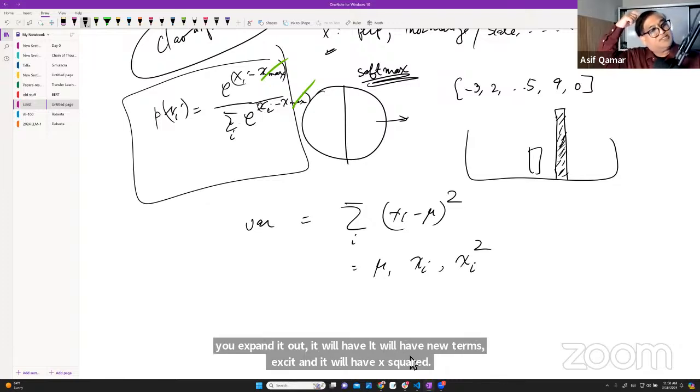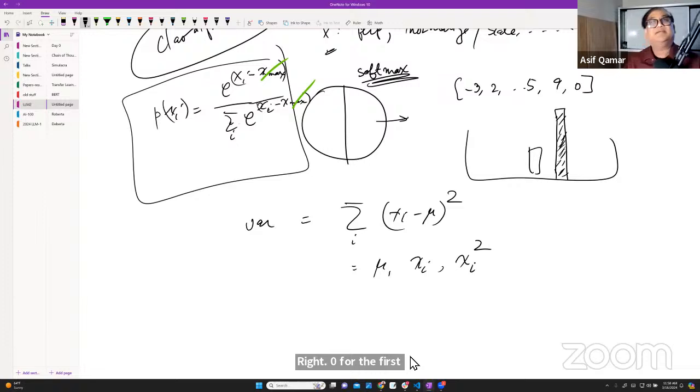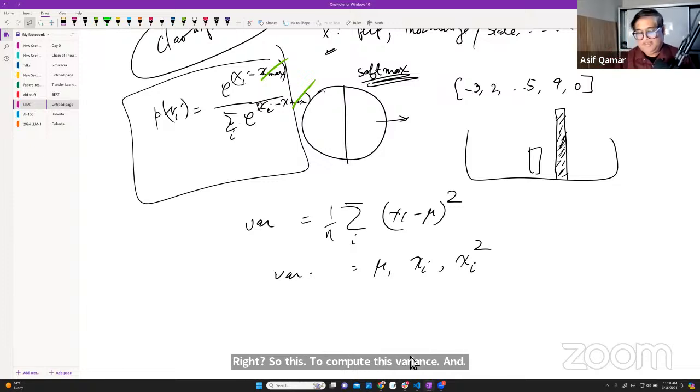The zeroth order, first order, and second order terms in xi. Of course there is also a normalization term. So to compute this variance, it will have all three: zeroth, first, and second order terms.